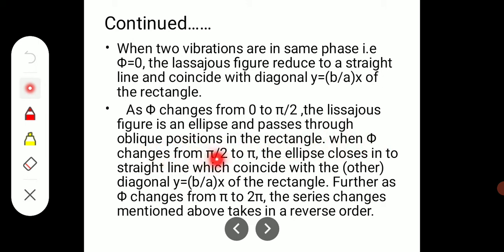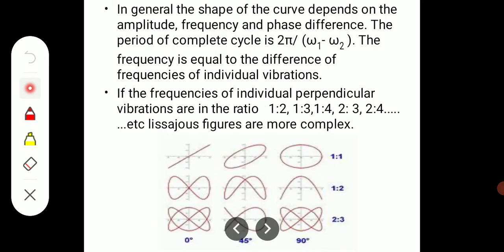When phi changes from pi by 2 to pi, the ellipse closes into a straight line, which coincides with the diagonal y equal to minus b by a x of the rectangle. Further, as phi changes from pi to 2 pi, the series of changes mentioned above takes place in reverse order. In general, the shape of the curve depends upon the amplitude, frequency and phase difference.